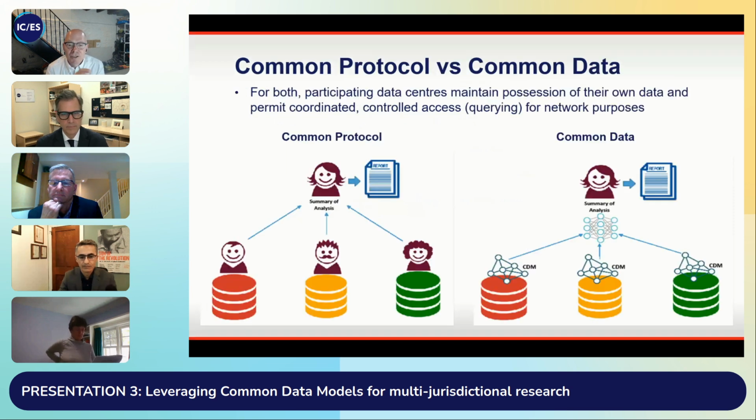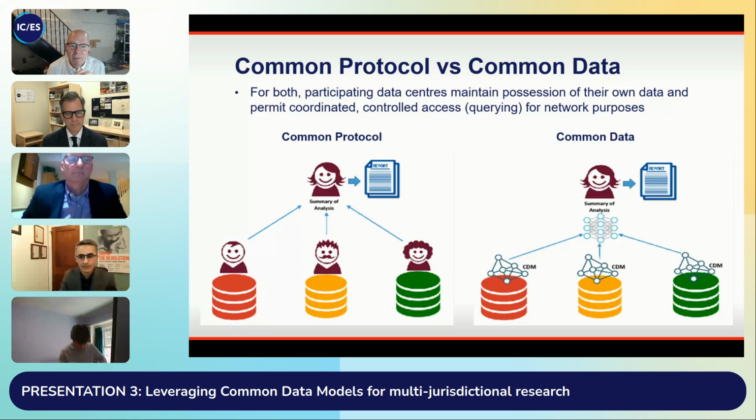So the two I'm going to focus on today are the idea of the common protocol versus the common data model. And common protocol is the way that CNODES has worked for many years. Common data model is one that we've taken on in the last several years as an alternative to that. In the common protocol setting, someone in a centralized site writes a protocol and a statistical analysis plan that's distributed to analysts in the different sites.